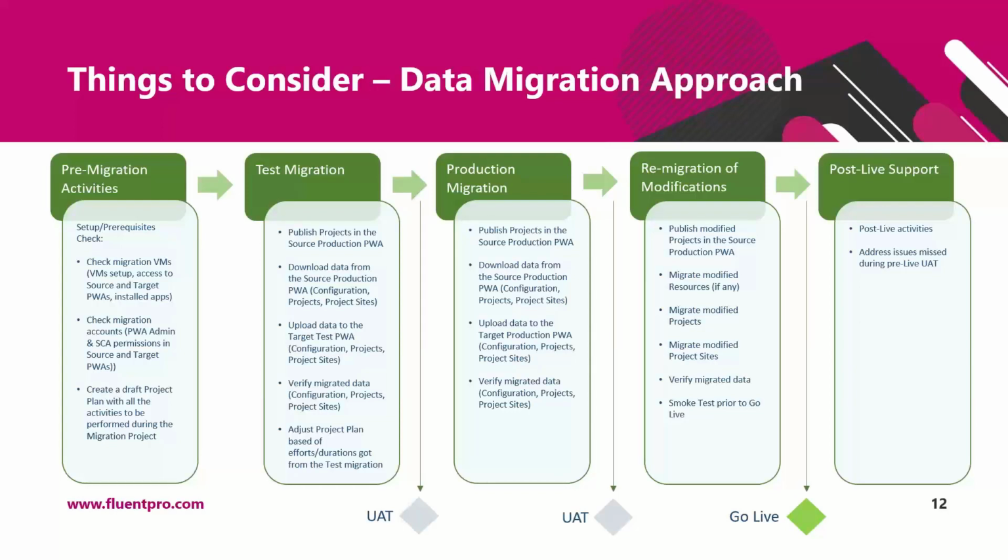This is the phase when you prepare all the prerequisites for the migration. You prepare migration virtual machines, set them up, make sure that FluentBooks is able to connect to the source and target PWAs. Make sure that all the apps that are required for migration are installed and working properly. Also, you create and check migration accounts, make sure that they have all necessary permissions in the source and target PWAs.